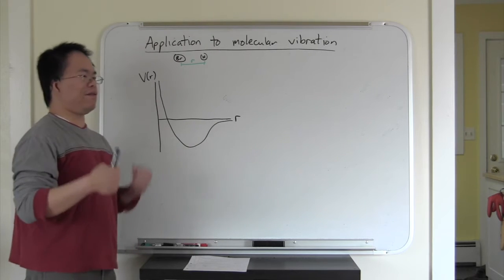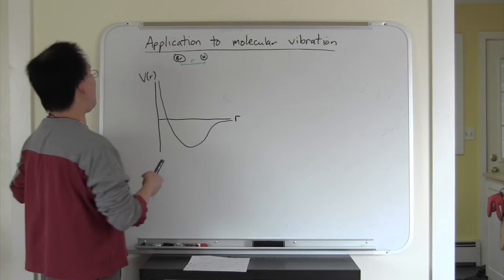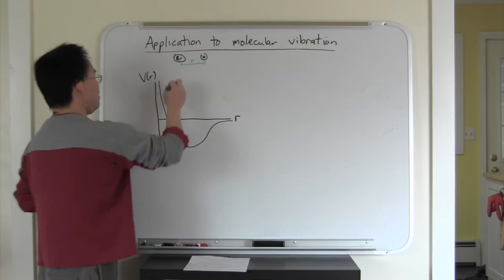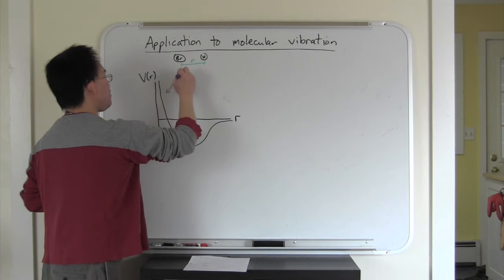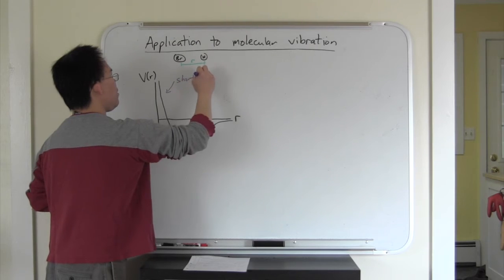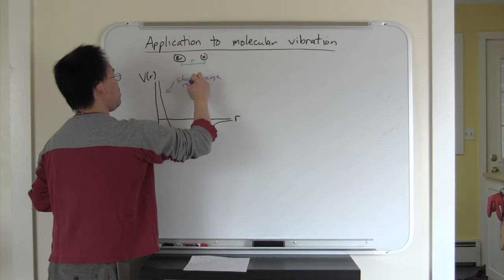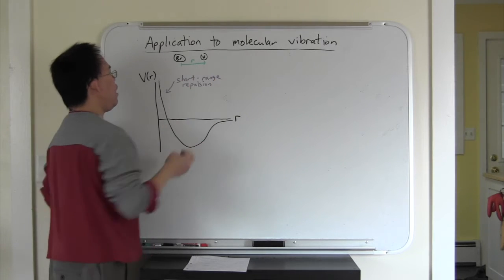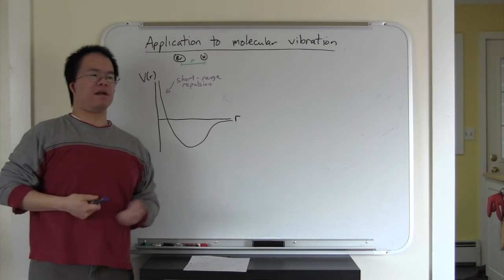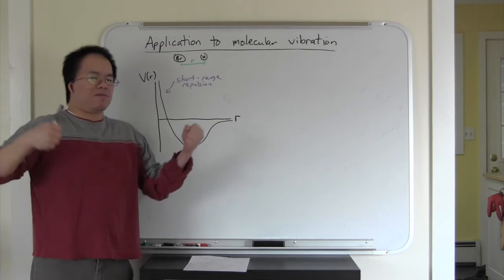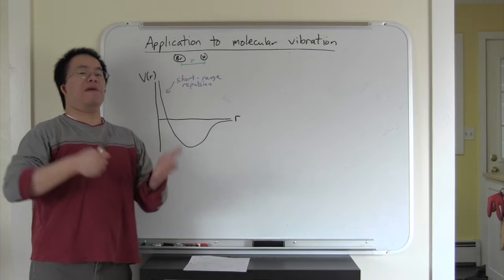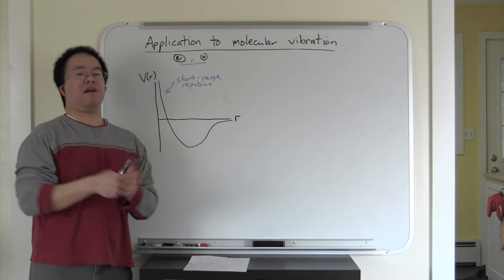If your r is very small, there's a very high potential energy. And this you can fundamentally think about. It's going to be really, really hard to push two atoms very close together.